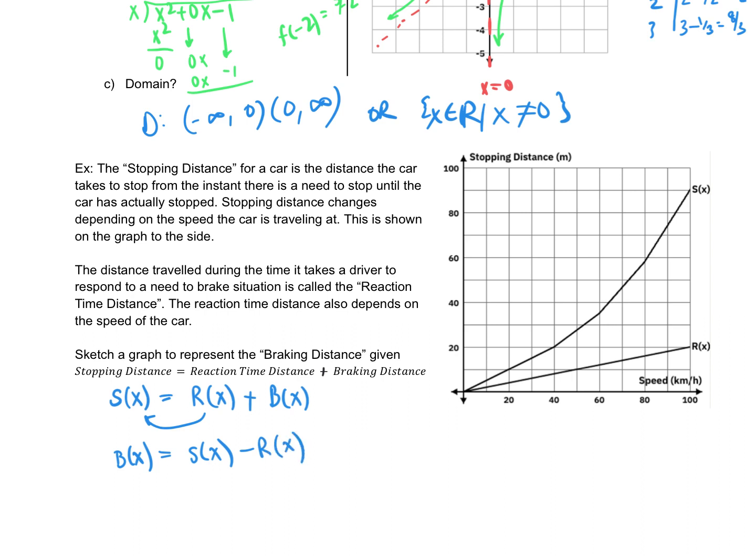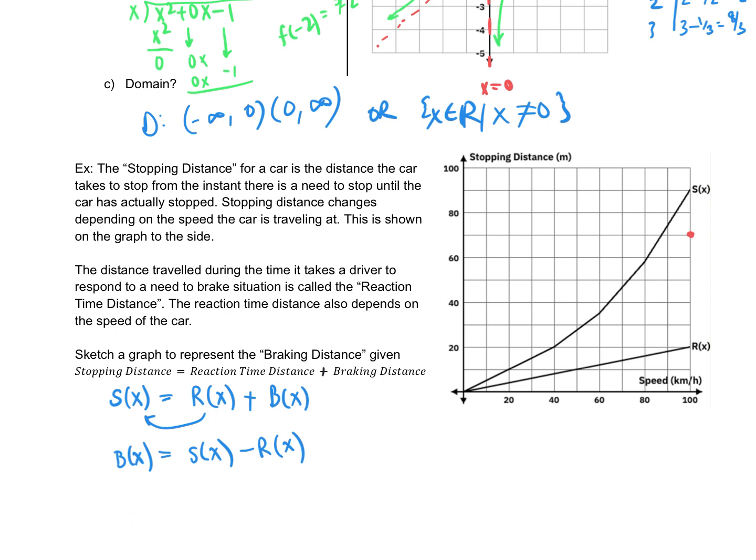So I'm going to take my Y values and subtract them. I'm going to start with 100 because I've been talking about it. So at 100 kilometers per hour, stopping is 90, reaction is 20. 90 minus 20 is 70. So I'm going to plot that point.